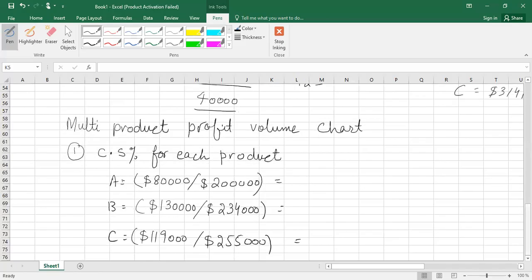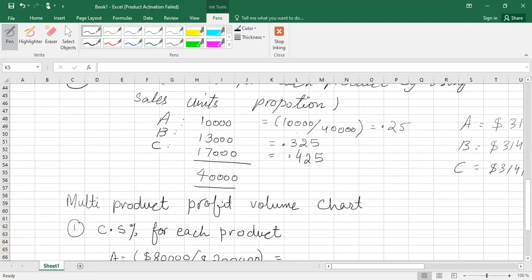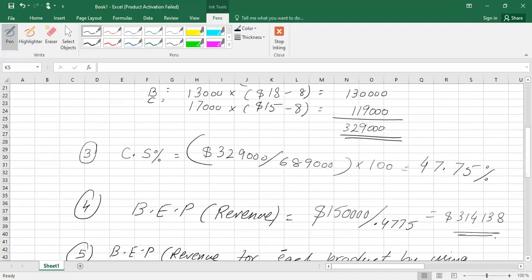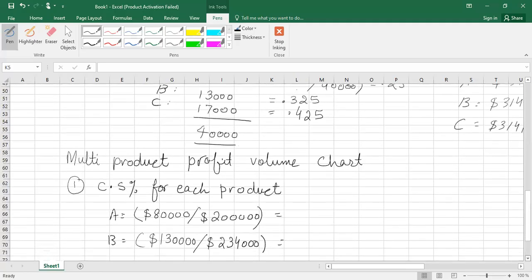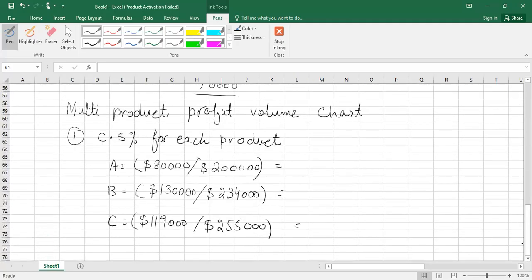Now, once again, let me check the values. Yes, we use the correct values. This is step number one. Now we will calculate what is the CS ratio. For product A, it is 0.4, or if I multiply with the 100, it is 40%.